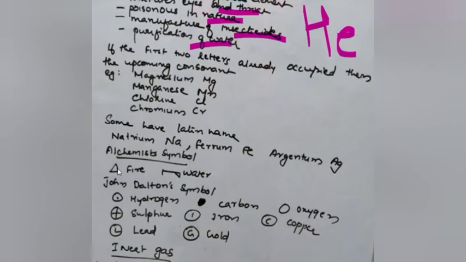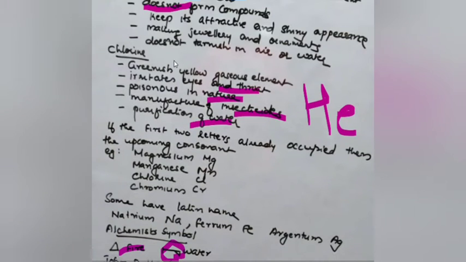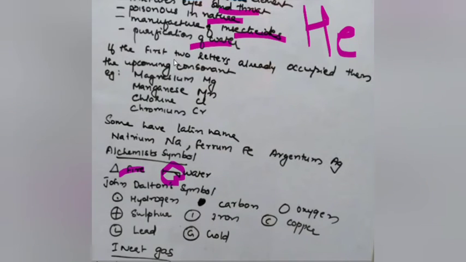First we are not using these letters, but symbols. See here, this triangle represents fire and this symbol represents water. Many other symbols are given in your textbook. You have to read that. I have written only these two symbols. Then the symbols used in ancient times.